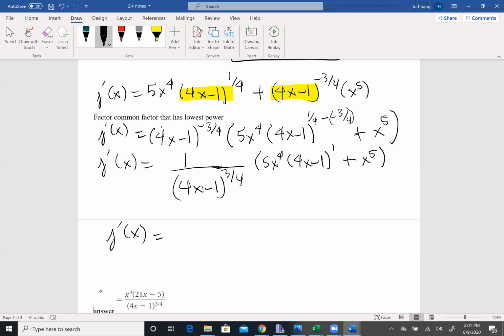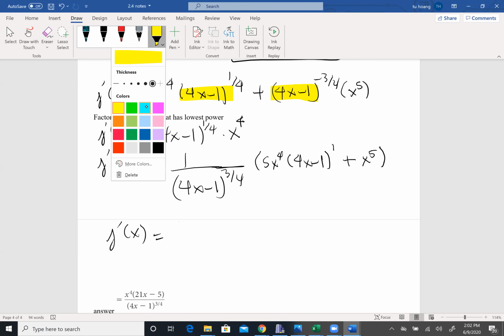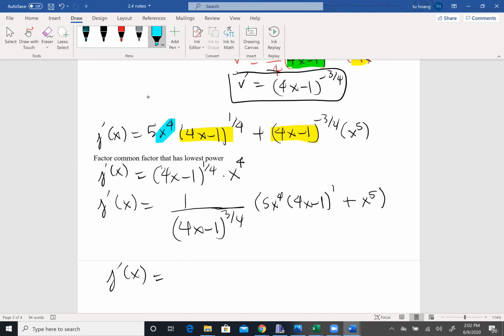Okay, let me clean this up, and I'm gonna rewrite as 4x minus 1 to the power 1/4 times x to the power 4, because I forgot one small thing, that we also have x as a common factor between these terms, and I'm taking out the lowest power. So in here it should be x to the 4. So I'm taking out x to the 4 here.